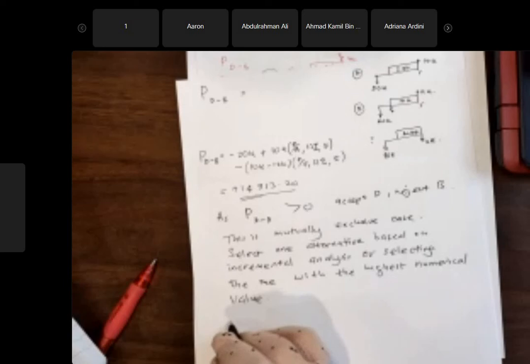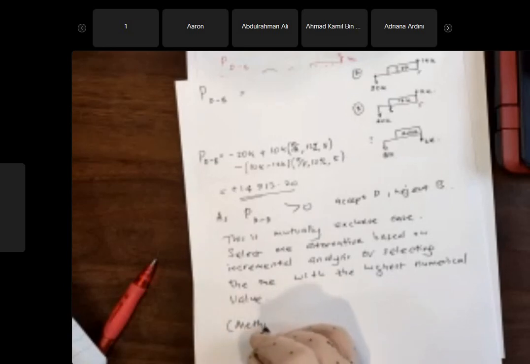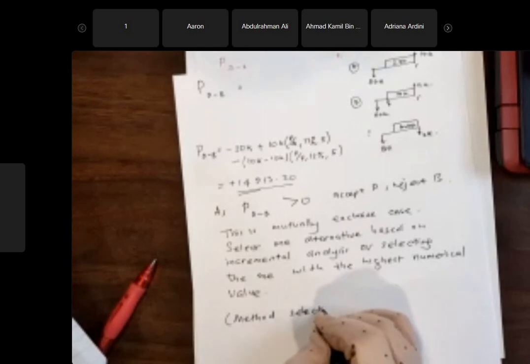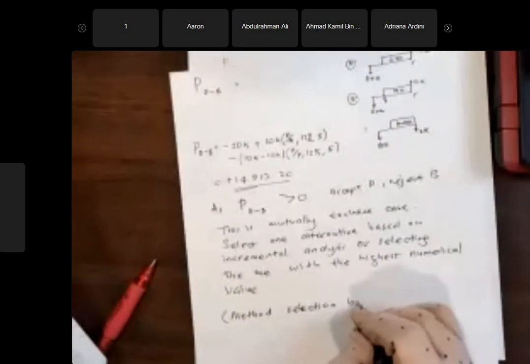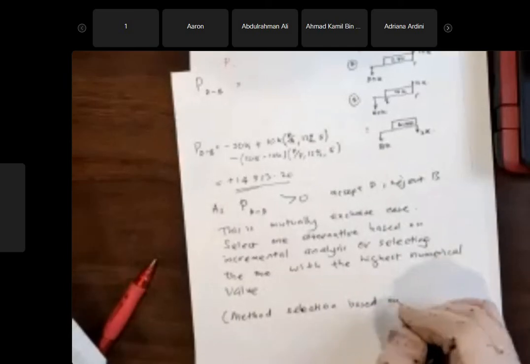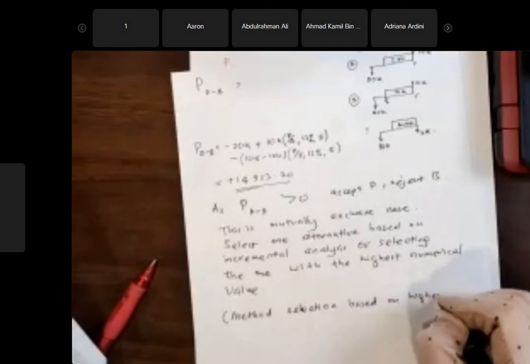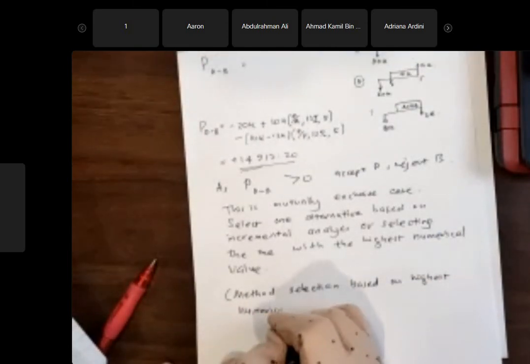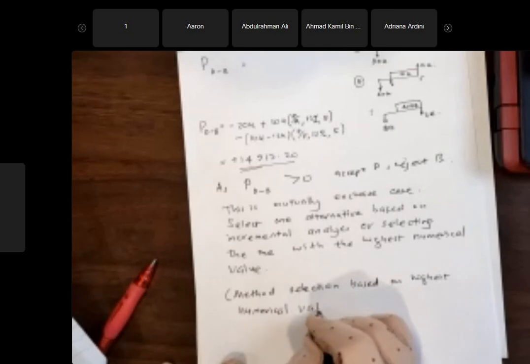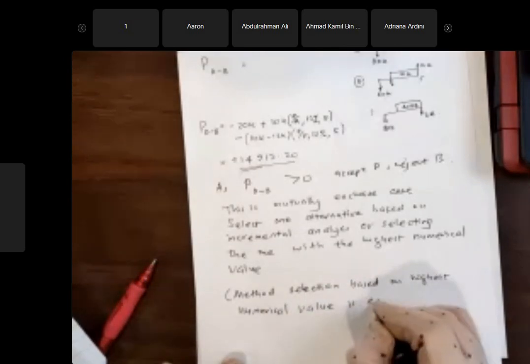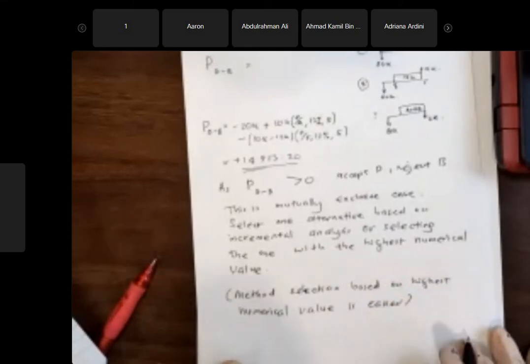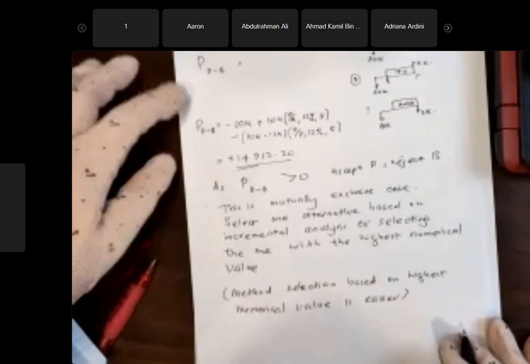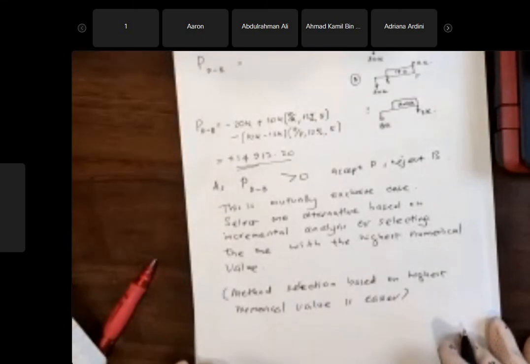So actually what you can see is the method of selection based on highest numerical value. The first one, numerical value, is easier. Right? You can see that the first step earlier is simpler compared to this incremental value.